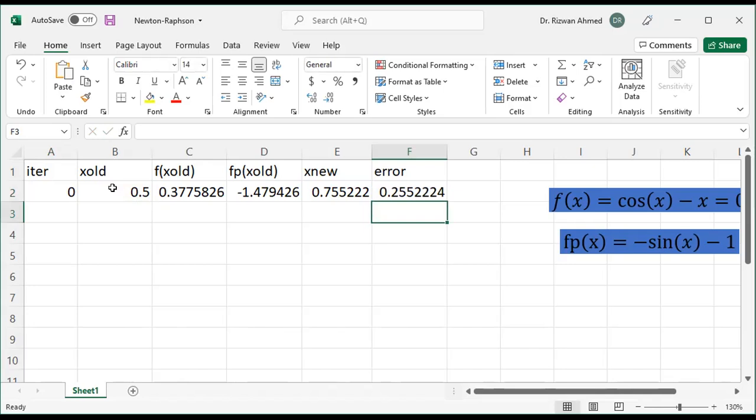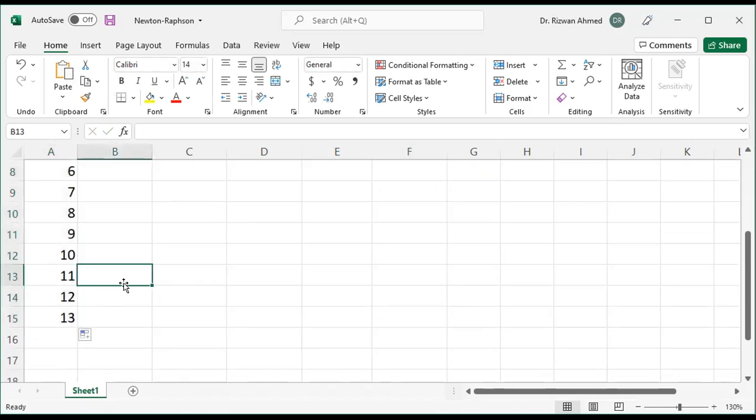Now the next step: since the error is not small, let's perform another iteration. So here we will have the iteration number. This is not really involved in the calculation. The first column is just for number checking, right?